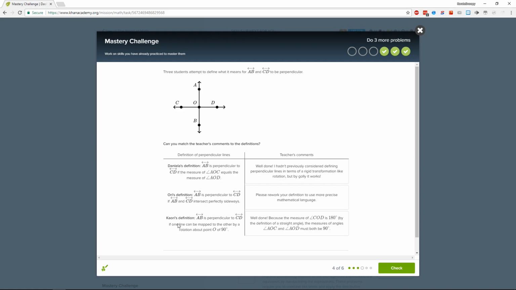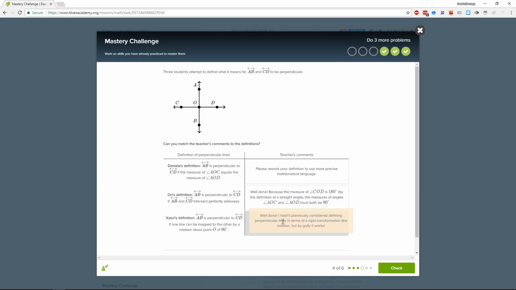If one line can be mapped to the other by rotation around point O of 90 degrees. Transformation.